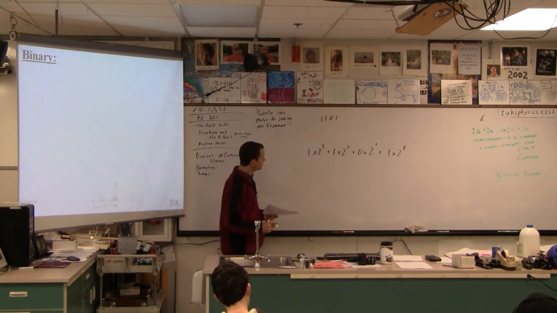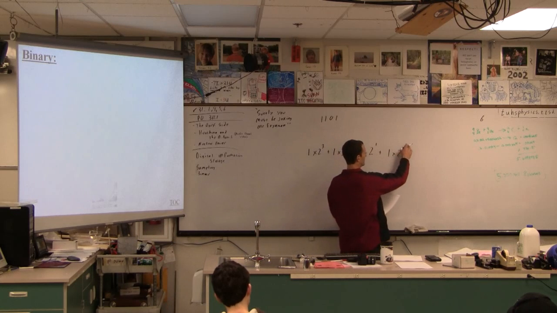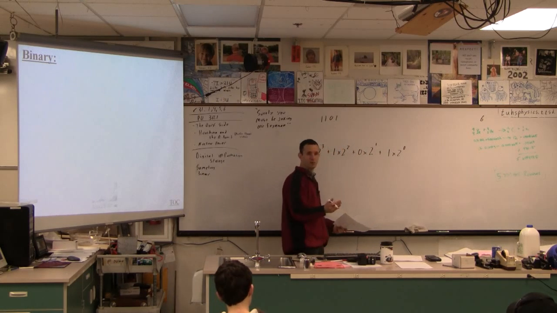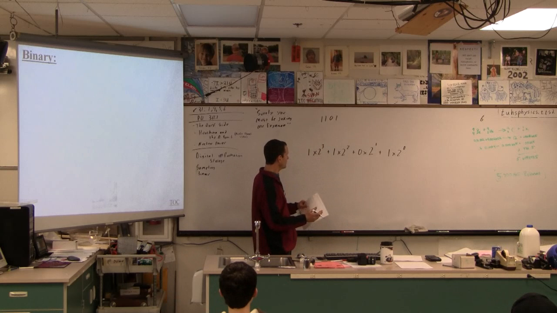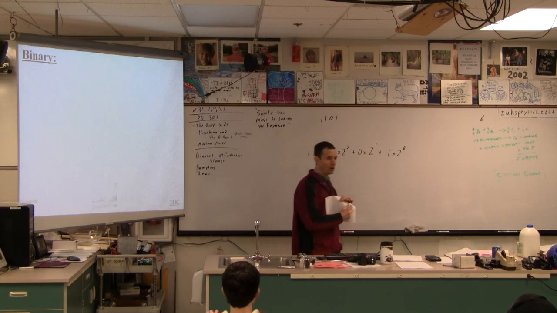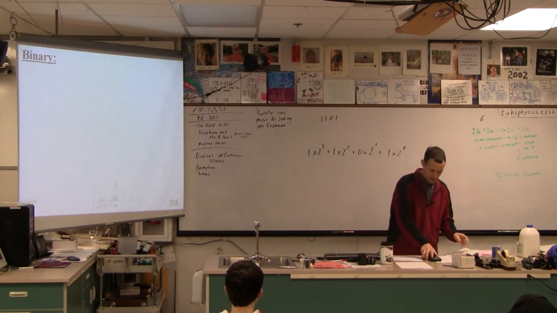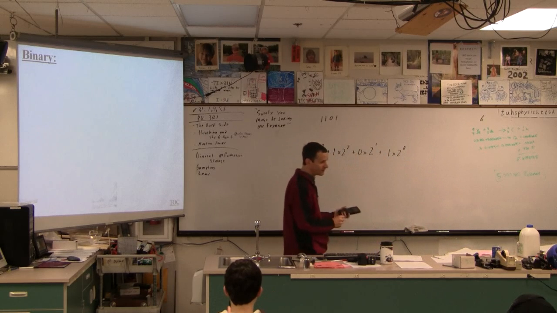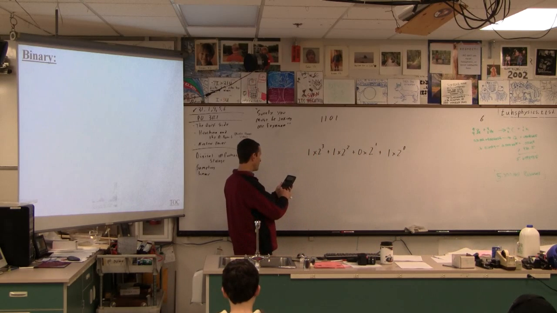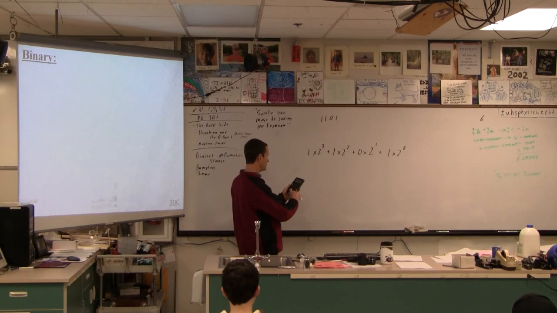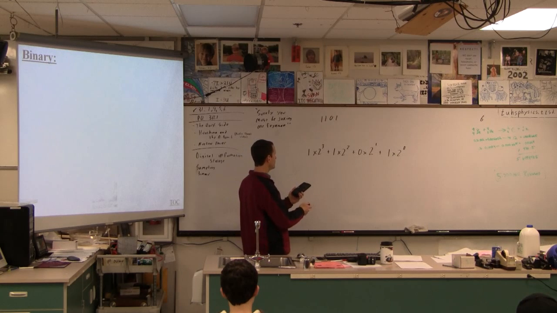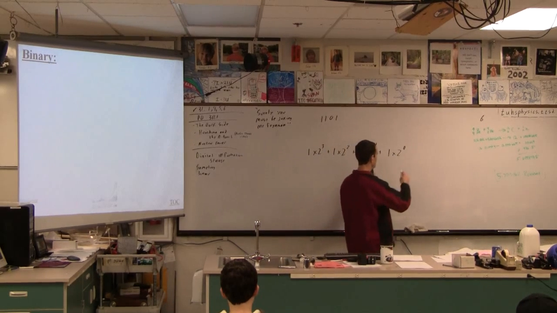To convert this number to decimal is very simple. Just type that expression into your calculator. Obviously, you don't need to say 1 times and 0 times. So take your calculator right now and go 2 to the 3rd plus 2 to the 2 plus 1, and you'll get that equals 13.